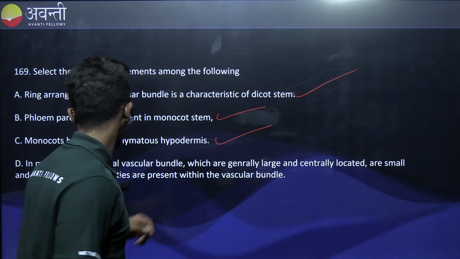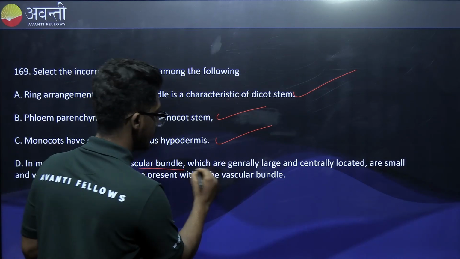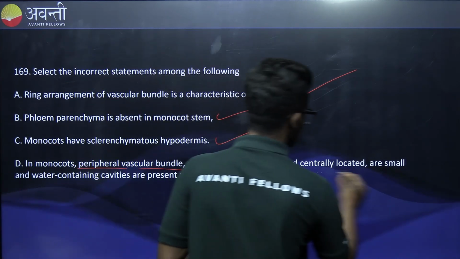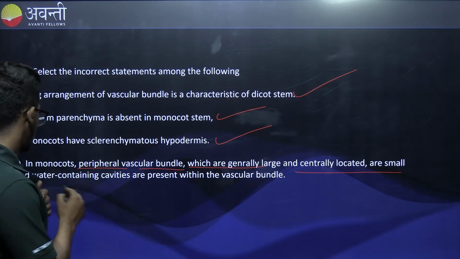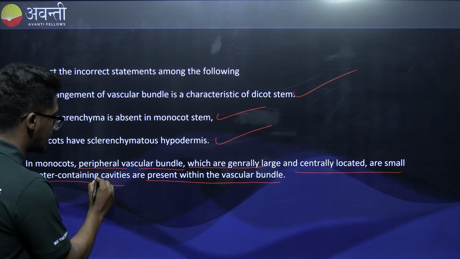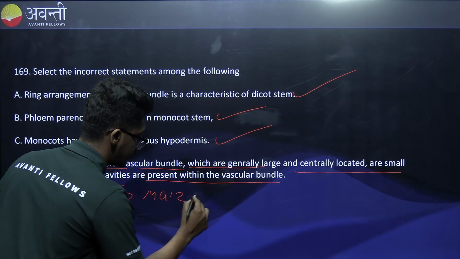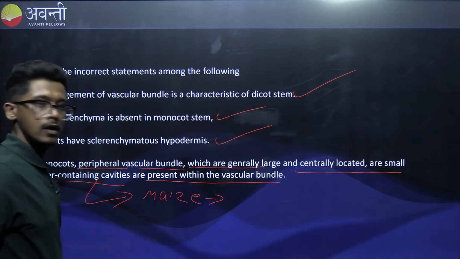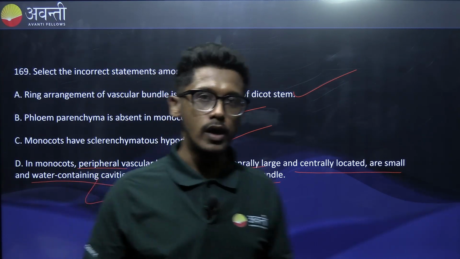Next one, this is very, very important. Usually the peripheral vascular bundles are generally large, and the centrally located vascular bundles are small. Then, water containing cavities are present within the vascular bundle. See, water containing cavities are not always present. They are usually present in maize. The cells dissolve and form water cavities.